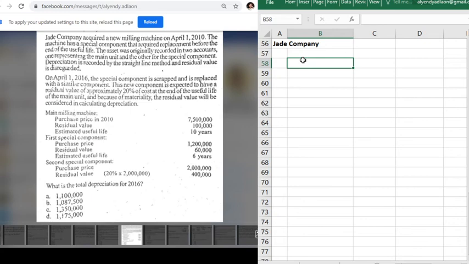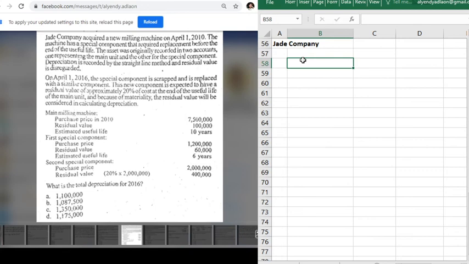Depreciation is recorded by the straight line method and residual value is disregarded. On April 1, 2016, the special component is scrapped and is replaced with a similar component. This new component is expected to have a residual value of approximately 20% of cost at the end of the useful life of the main unit. And because of materiality, the residual value will be considered in calculating depreciation.